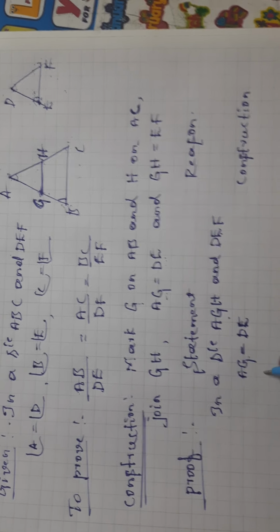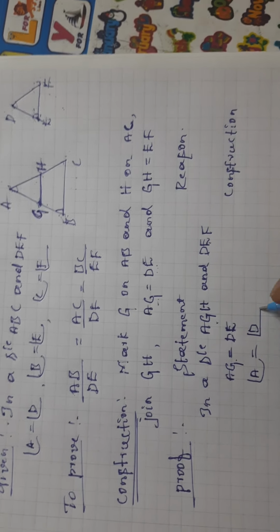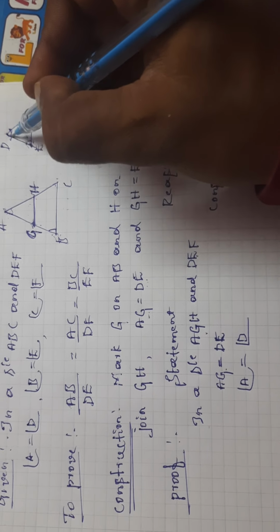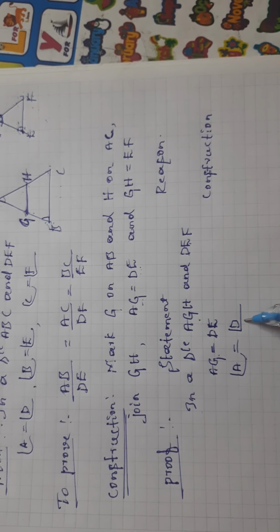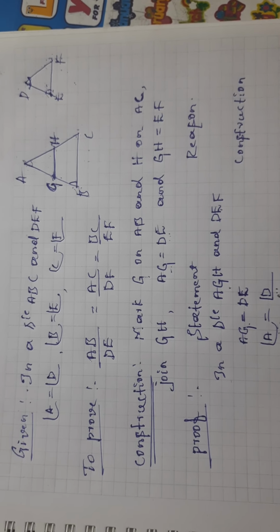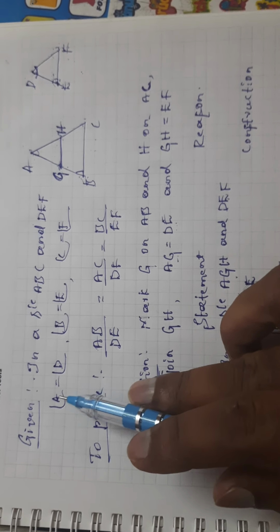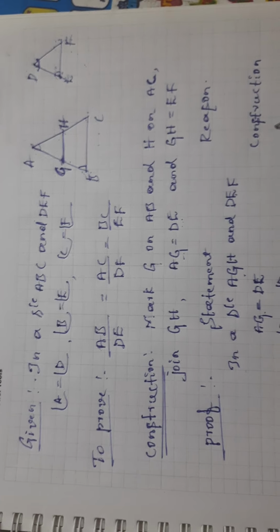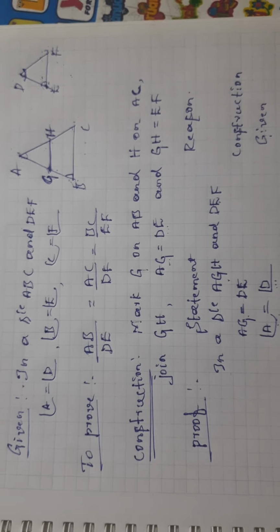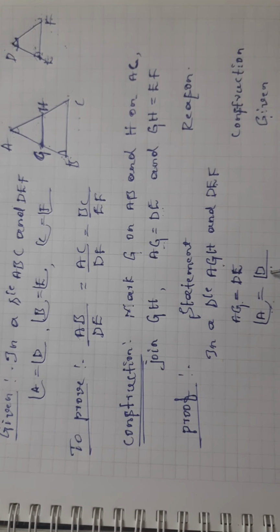Angle A is equal to angle D. These two angles are equal, as given in the statement. That is given. Now this is the included angle.